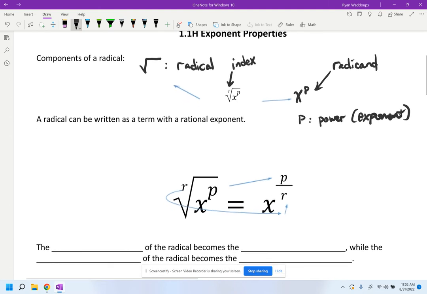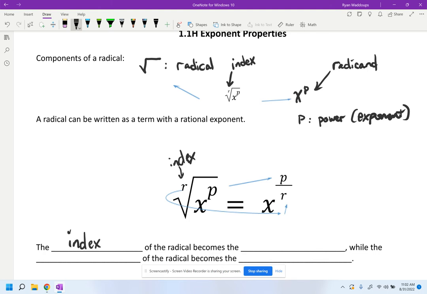And so a radical can be written as a term with a rational exponent. We can take this radical, the rth root of x to the p, and write that down here as well.